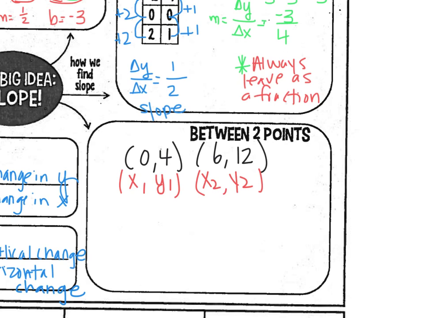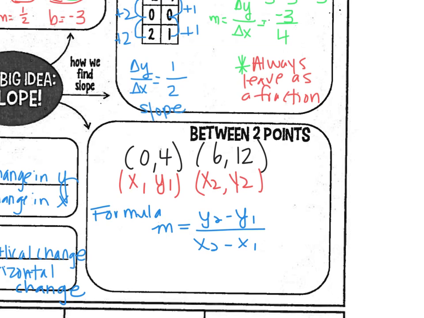With that, we have a formula that you have to memorize. The formula tells me that my slope equals the difference in my y's over the difference in my x's.